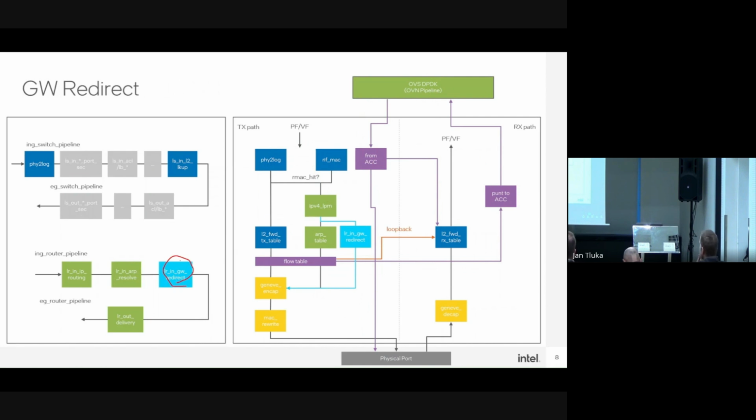Once it is hit, a packet is immediately encapsulated by the Geneve header and passed over to the gateway chassis specified in the table. And then once the packet arrives on the gateway redirect chassis, it executes the rest of the egress logical router pipeline and the ingress and egress logical switch pipeline on that chassis, like this.